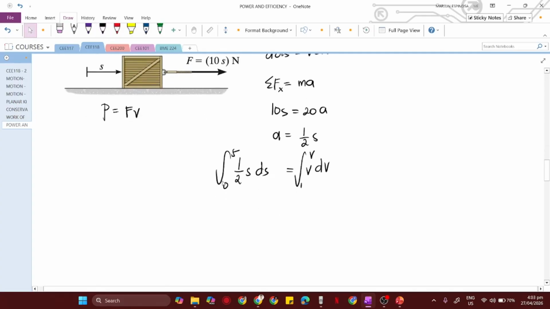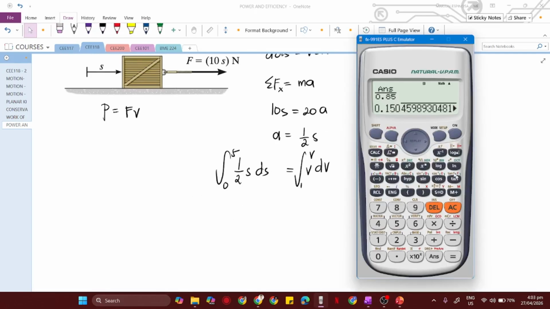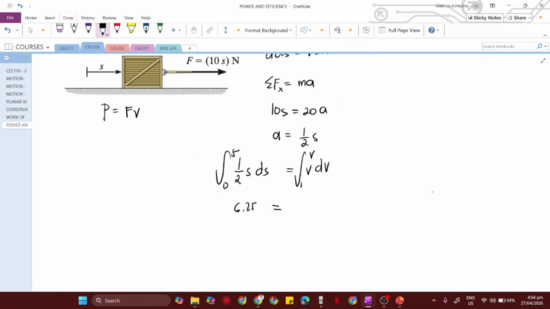Okay? So, for this one, gamitin natin ito ng calculator, no? So that is integral of 1 half s. Okay, 1 half x na lang. Lagay natin, then 0 to 5. Okay, you would get 6.25. Dito, we have here, di ba, yung integral ng v dv, that is v squared over 2. And then, since meron tayong 1 initial, so that is 1 squared over 2, or that is 1 half.